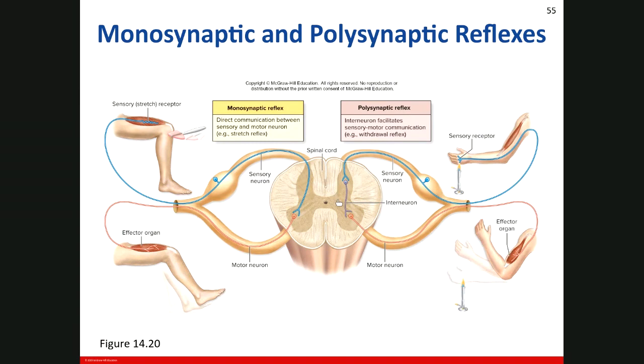This purple neuron is an interneuron. So we have more than one synapse here, and we call this type of reflex a polysynaptic reflex. This reflex brings the command to our effector organ, which is our biceps brachii. This muscle contracts, and you can take your hand off the candle.